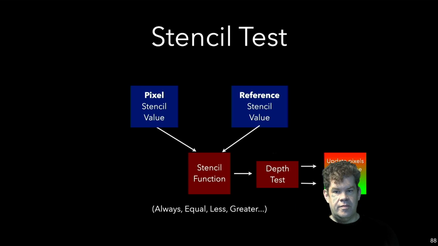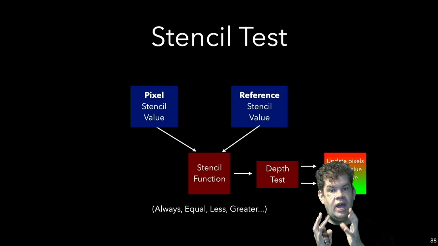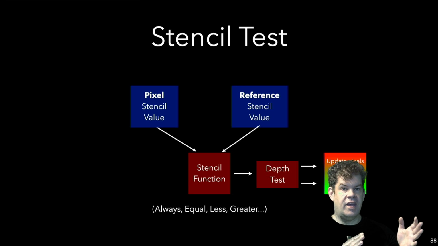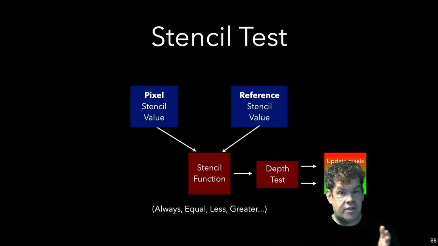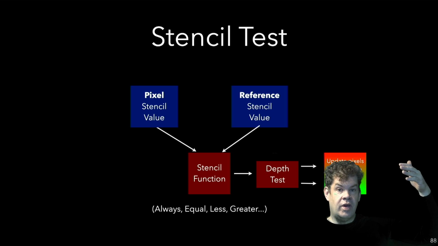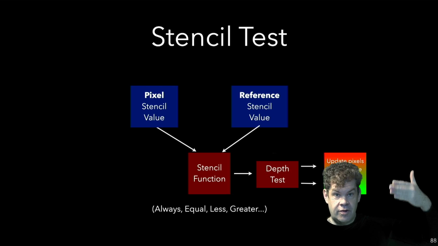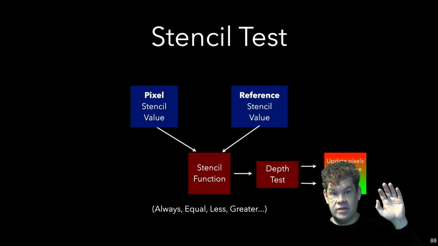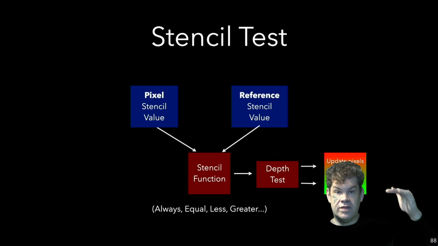So here we compare the reference value not against the fragment, but against a pixel value. That said, a fragment does not influence whether this test passes or fails, because none of its parameters is taken into account. What does that mean? On top of the red, green, and blue pixel mask that you see on screen, you also have a depth mask and a stencil mask.